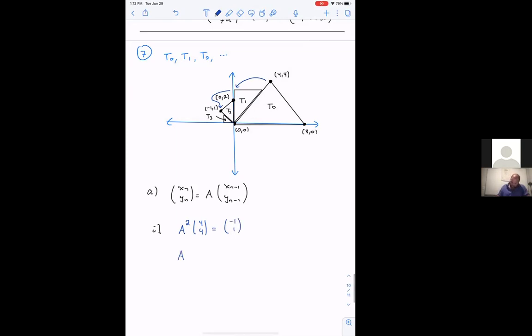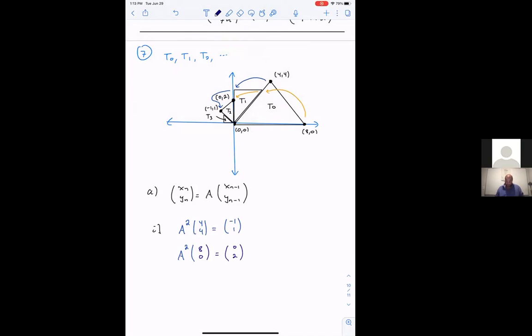Similarly, if I apply A squared to 8, 0, it ends up at 0, 2. Why does this help me? I'm hoping it helps me, because what I'm noticing is from this, I should be able to determine the enlargement factor.